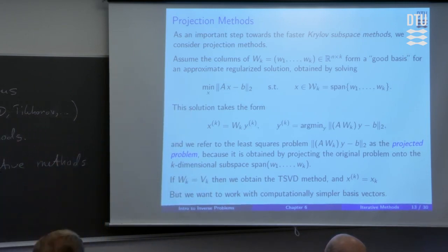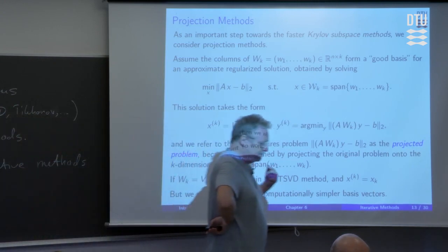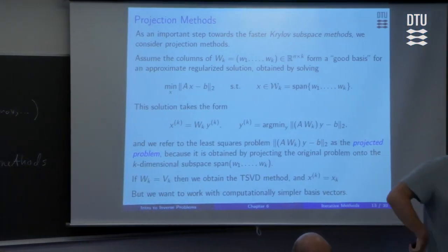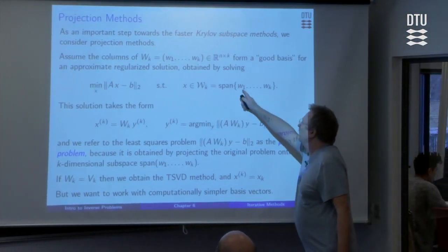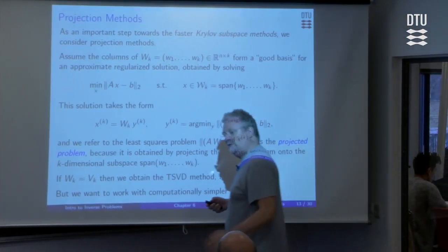Of course we've seen it before, but now we have freedom in choosing our w vectors. And maybe we can use this to our advantage, because maybe we can choose those basis vectors in such a way that we can perform computations with them very fast. Wouldn't that be nice?